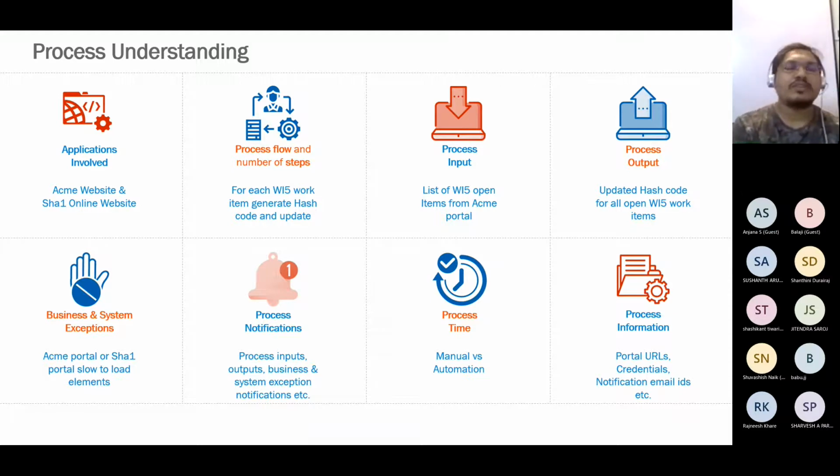According to the POC, we understand what is the response of the application, how many business exceptions, how many rules, how many steps, clicks, and screens there are. Then we can analyze and say that if manually it takes 10 minutes, by automation it will take maybe 1 minute or 2 minutes at the max and not more than that.